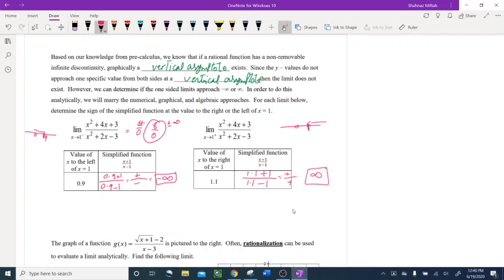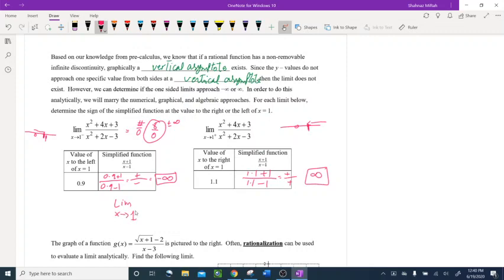Okay, so if the question was asking, what is the limit as x approaches 1? They don't mention left and right because I already got left and right anyway. Does not exist, right? First of all, infinity means not a real number, doesn't exist. But since I'm getting negative infinity from the left and positive infinity from the right, I can say it does not exist for the limit as x approaches 1.